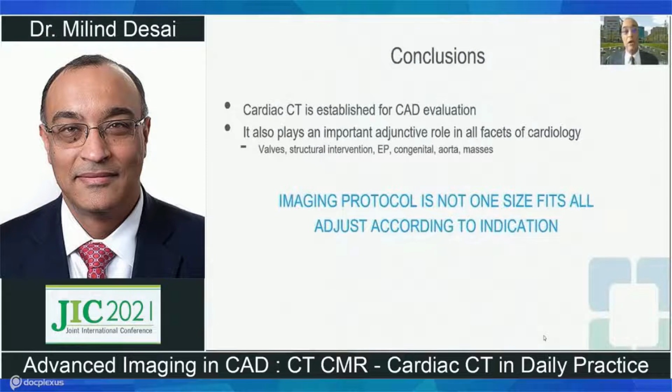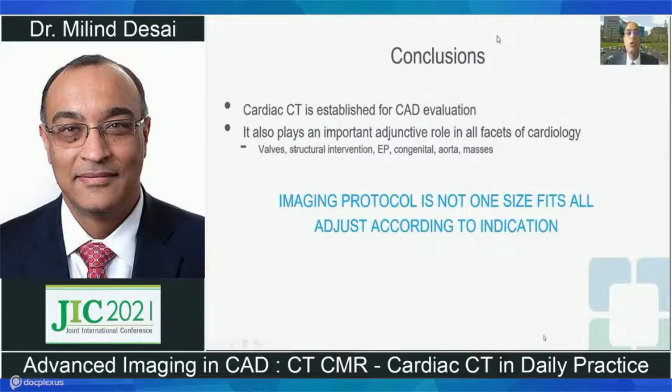So to conclude, cardiac CT is very established now for coronary artery disease evaluation for the full spectrum, not only primary prevention using coronary artery calcium scoring, but for advanced, stable coronary artery disease, and there is enough data that it is just about as good as stress echocardiography in terms of long-term prognostic information.